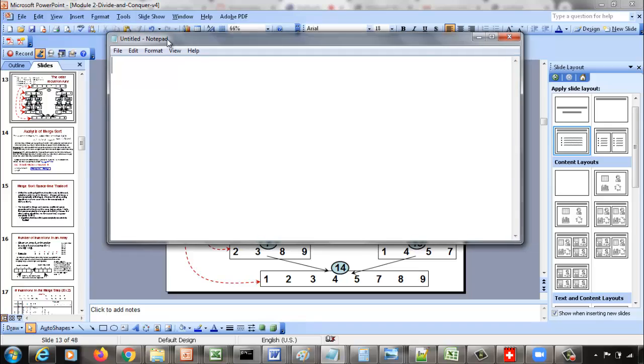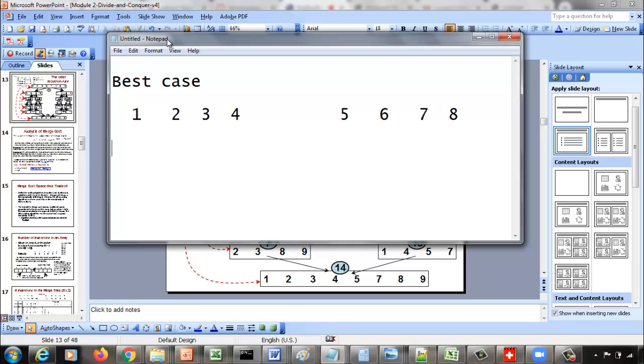So let's look at the best case scenario. The best case is if the two sorted subarrays look something like this. This is one sorted subarray and this is another sorted subarray.